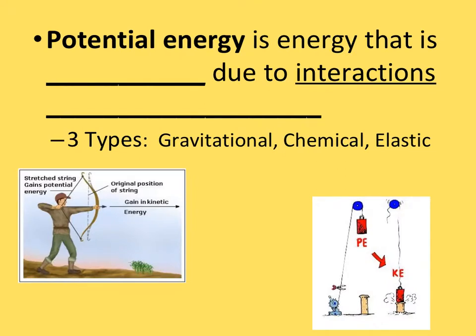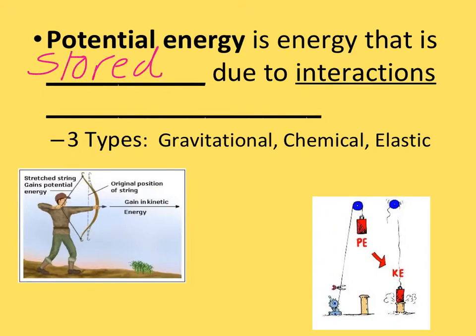As you recall, kinetic energy is looking at energy of an object in motion. What potential energy is looking at is the energy that an object has before it's moving, or when it's about to move. So it's essentially not moving currently, but it's got energy, here's the key word, stored.